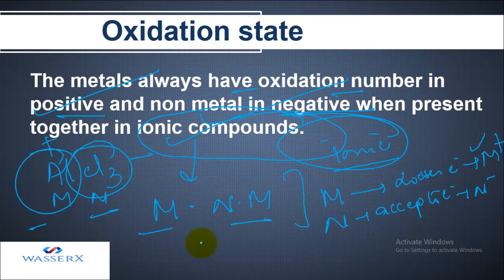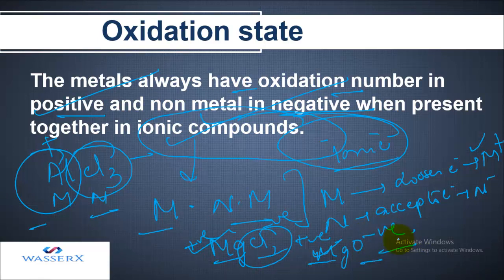Likewise, if I have MgCl2 or MgO, again metal, non-metal. So in both the cases, magnesium is going to be positive and chlorine and oxygen will have a negative oxidation state. So this is how you're going to decide, or the rules which you have to follow.